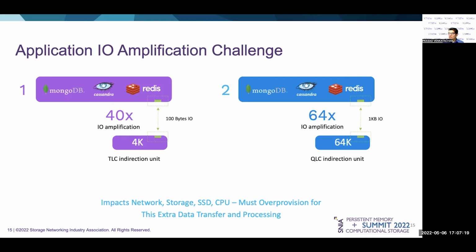QLC is good for high density and low cost, but imagine incurring a significant write amplification. So all these things have implications. The IO amplification impacts the CPU, and there is a memory overhead and a network overhead on top of this.